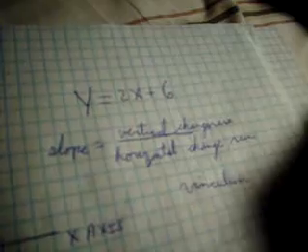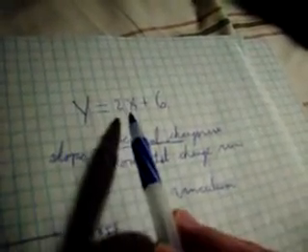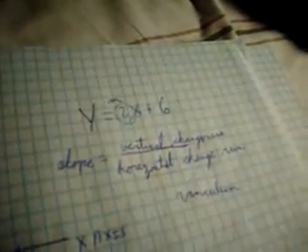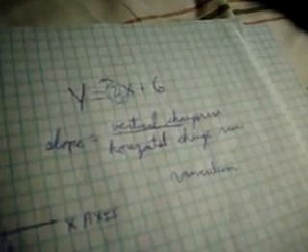Okay? Now, you have a mathematical formula here, y equals 2x plus 6. So, in this mathematical formula here, what is the slope? Well, in this case, it's the 2. Alright, and they call this the mathematical letter M. Don't ask me why. I really don't know. You'd have to ask a mathematician why he calls that M, but that's what he calls it. Now, what is this 6 here?